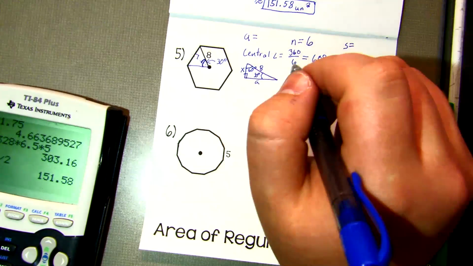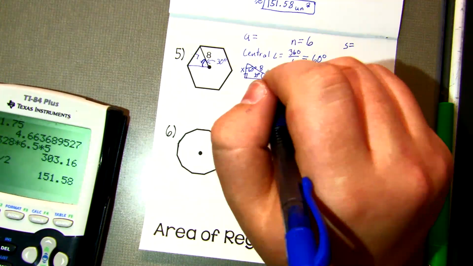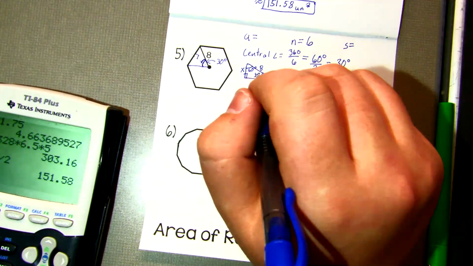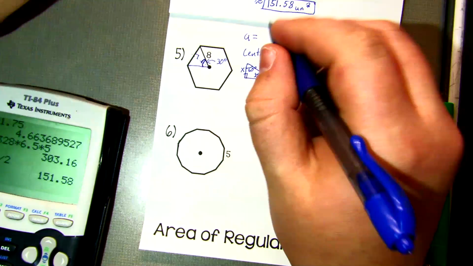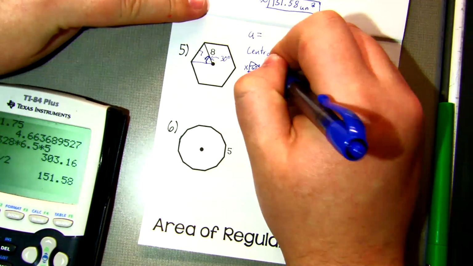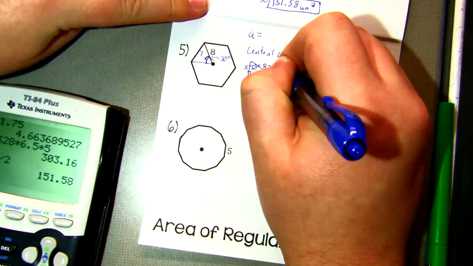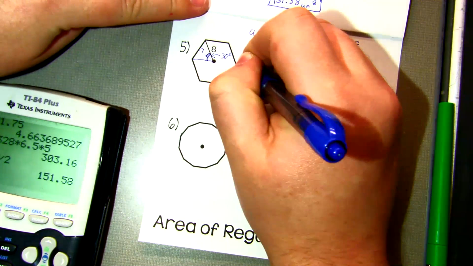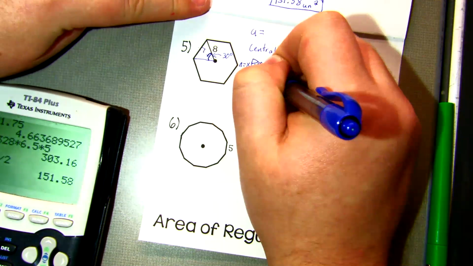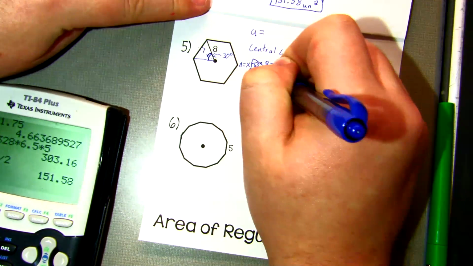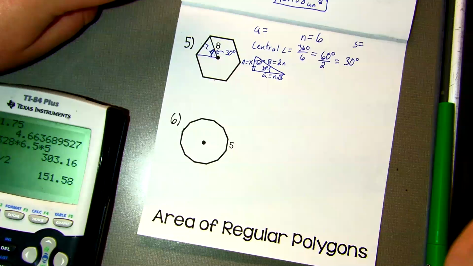We have some really nice equations that we learned for that back in chapter 9. If we remember, our hypotenuse is equal to 2n. Our short leg is equal to n. And our long leg is equal to n radical 3.